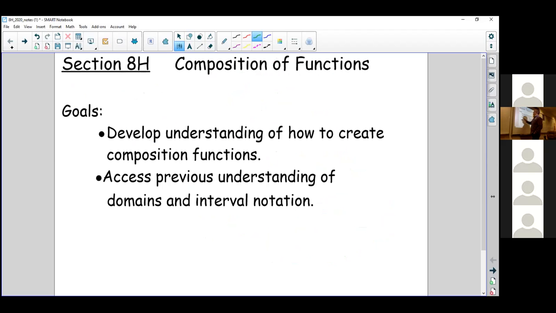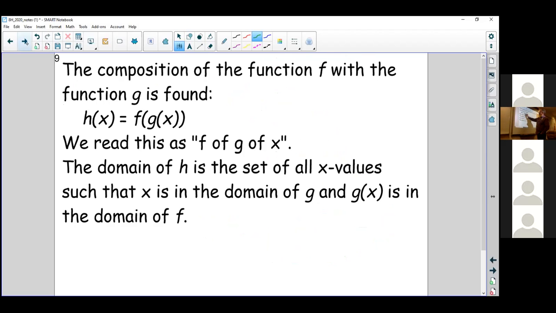Okay, so let's take a look. So this is composition of function. I'm plugging a function into another function. Okay, so we read this as f of g of x. So the domain of H is the set of all x values such that x is in the domain of g and g of x is in the domain of f.